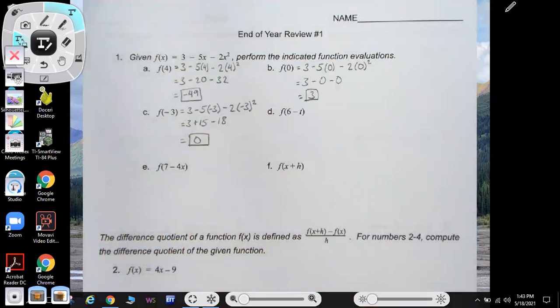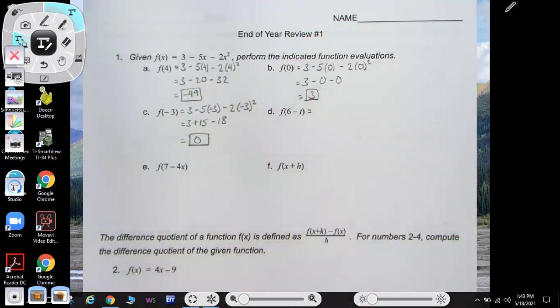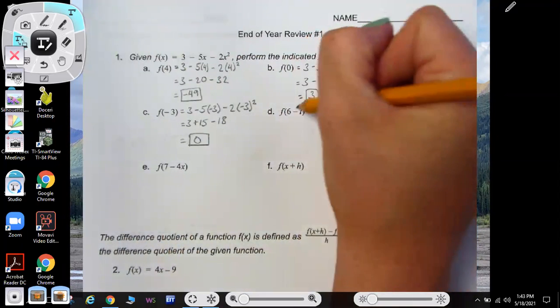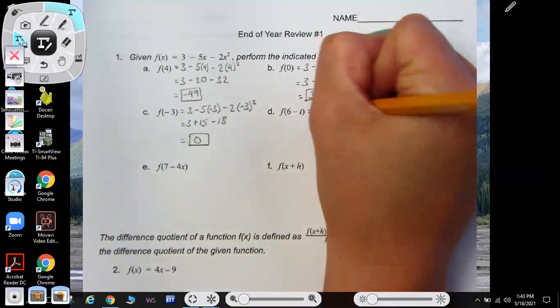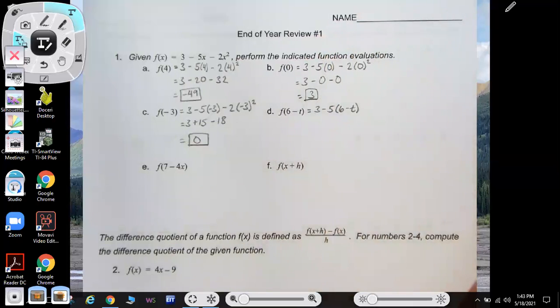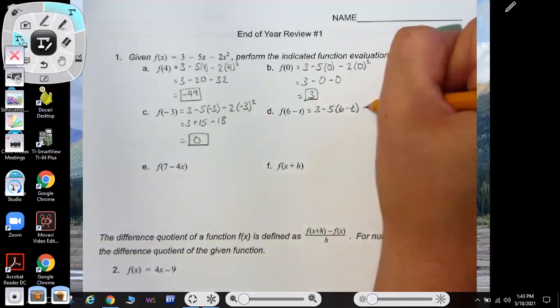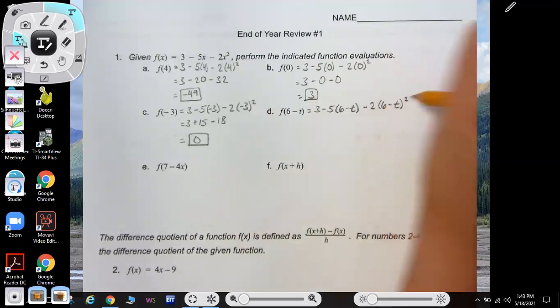Okay, parts D, E, and F become a little bit more complicated. Part D, f of 6 minus t, we're plugging in 6 minus t everywhere that there's an x in the function. So 3 minus 5, and instead of x, we're plugging in 6 minus t, minus 2 times 6 minus t squared.